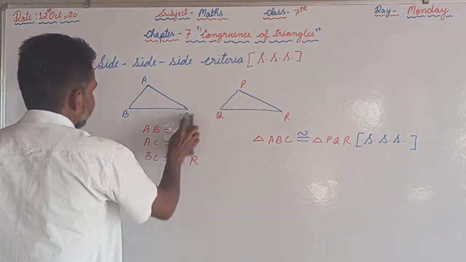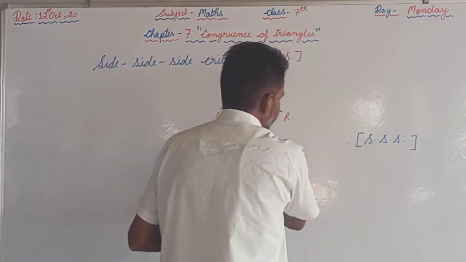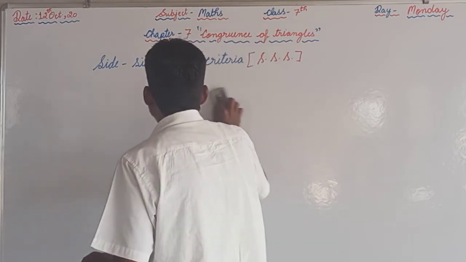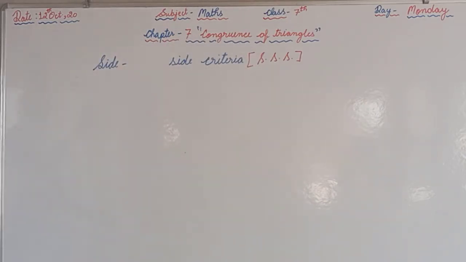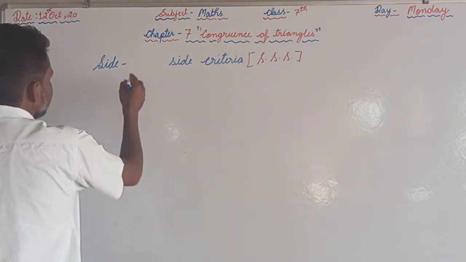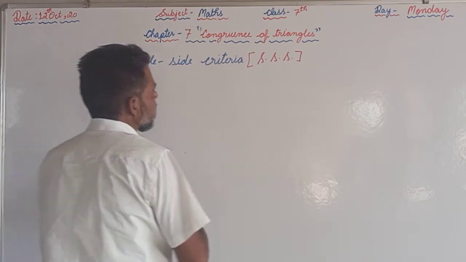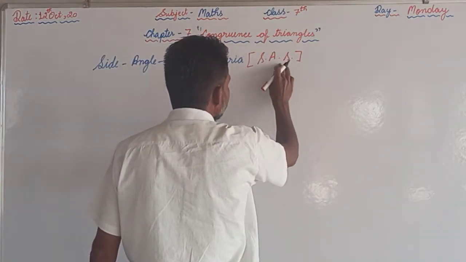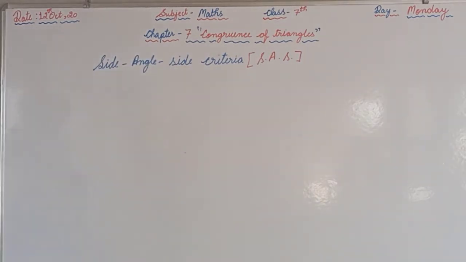After that, the second criterion will be side, angle, side. Then in place of this side, in between there will be an angle. For that we will display using the diagram.